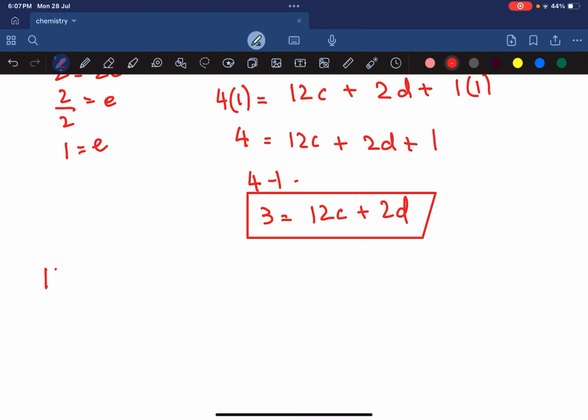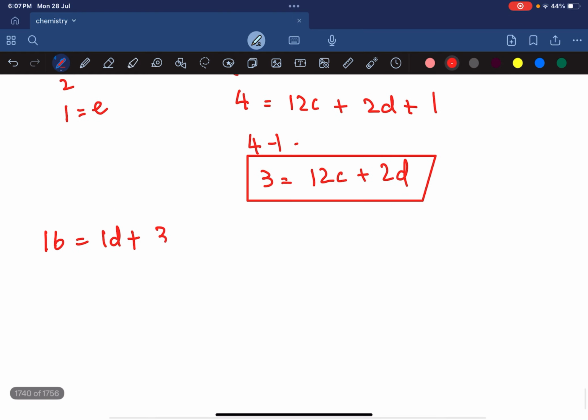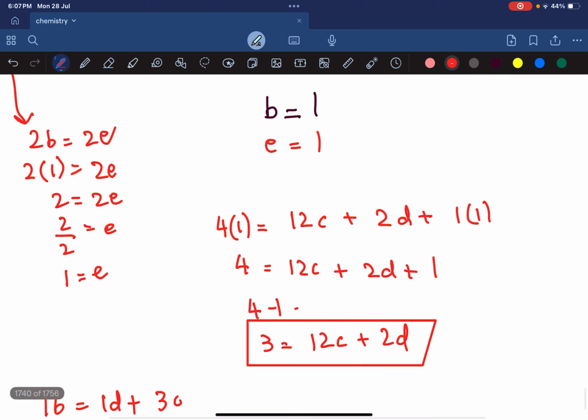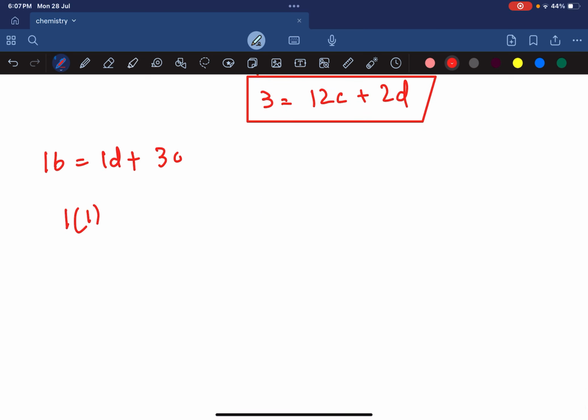I'm copying this down. B equals 1, I took B as 1. So 1 times 1 equals 1D plus 3C. 1 equals 1D plus 3C. I write it over here.